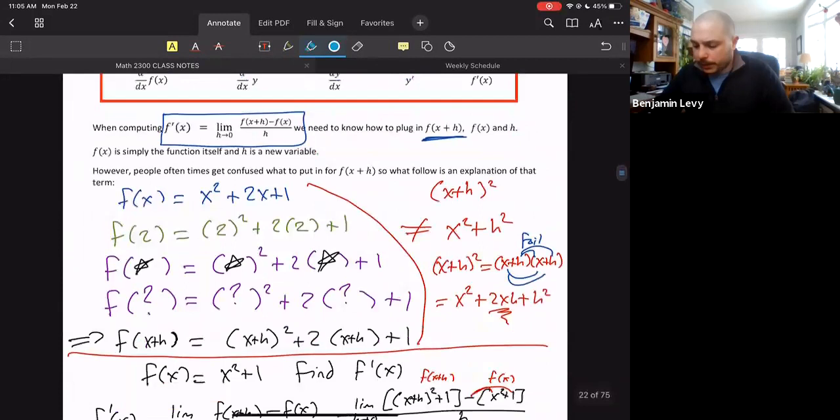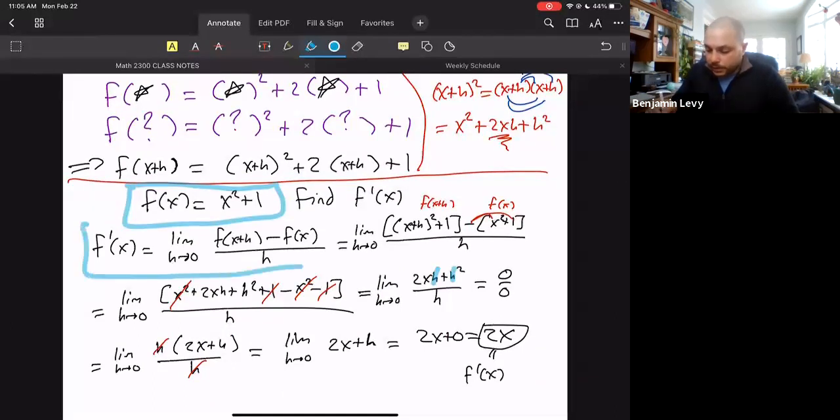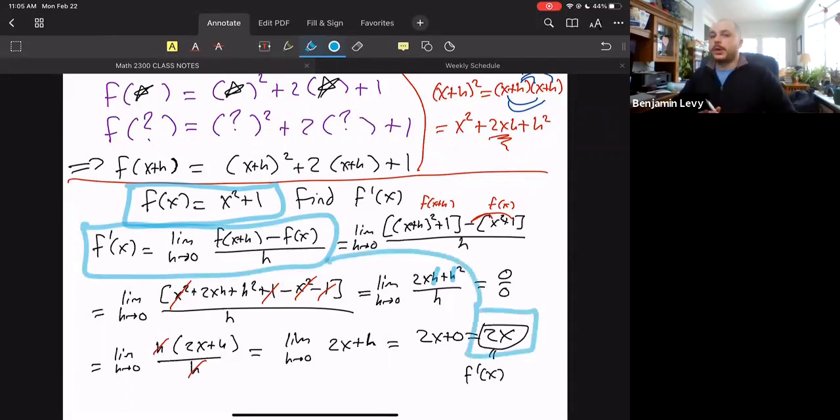And so what I'm going to start with right now, and we did an example here, we found that when we had this function x squared plus 1, we did the derivative using that new formula, and we found out that it ended up being 2x. Right, and so what I want to start with is summarizing what we did.